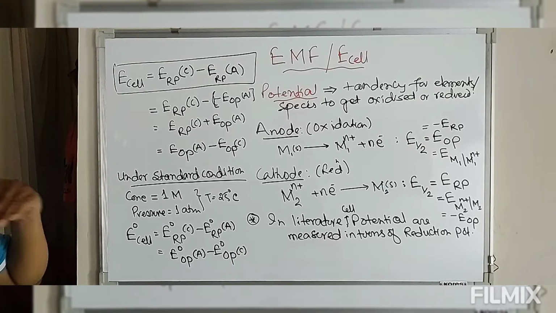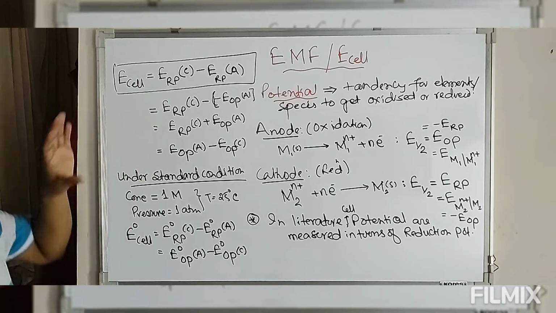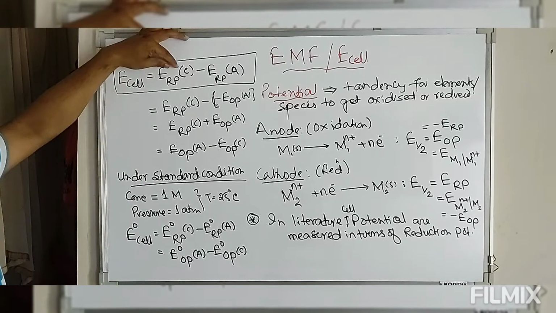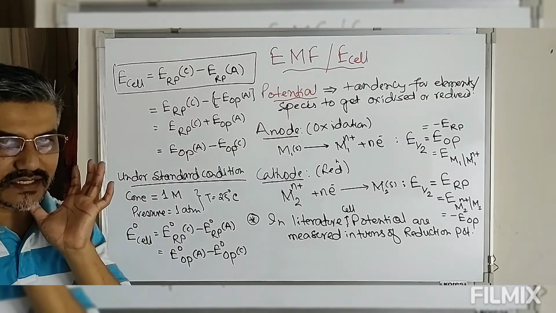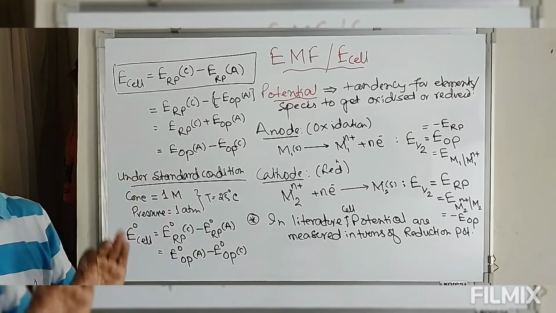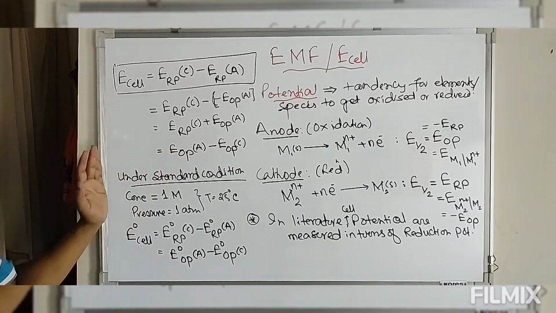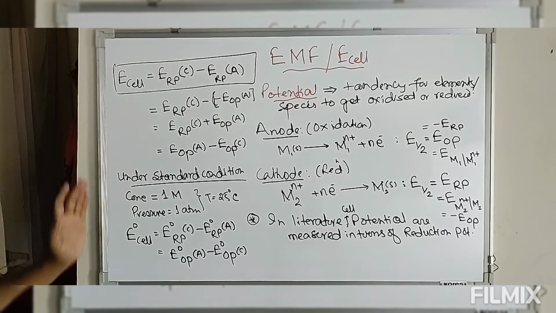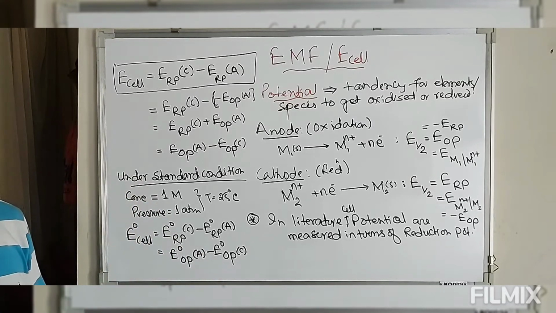So whether we have standard or non-standard, cell potential is the reduction potential of cathode minus anode, or the oxidation potential of anode minus cathode. The only difference is that if concentration and pressure are defined to be 1 molar and 1 atm, then we define this as standard condition.